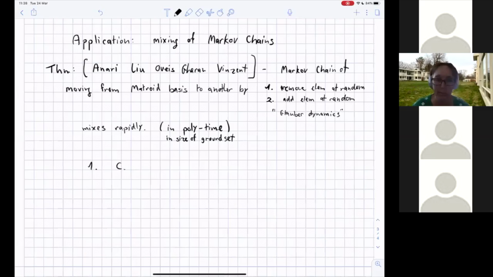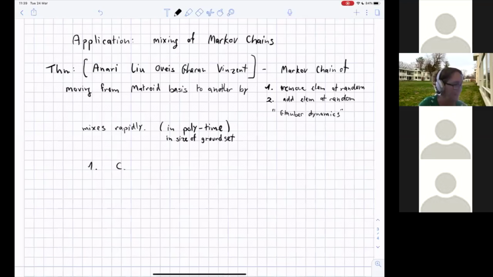If you're thinking of spanning trees in a graph, then the size of the graph is the number of edges plus vertices. And you want to mix rapidly in polynomial time in that. So even though there might be exponentially many spanning trees, think, for example, of the complete graph. Maybe the complete graph is also not a good example, but you want to find a typical spanning tree in polynomial time in the size of the graph. Does this make sense? Yes. Okay, good.